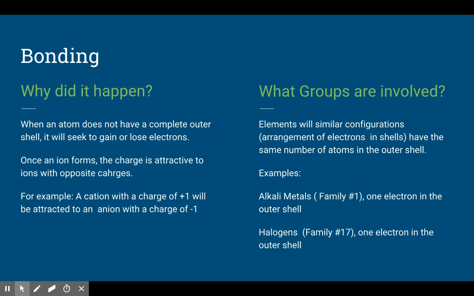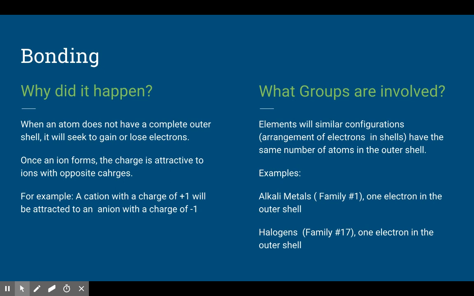Now, looking at the periodic table, we will learn that elements are ordered in groups. The groups are arranged vertically. And we say that elements that belong to the same group, the same family, the same column, have similar configurations.